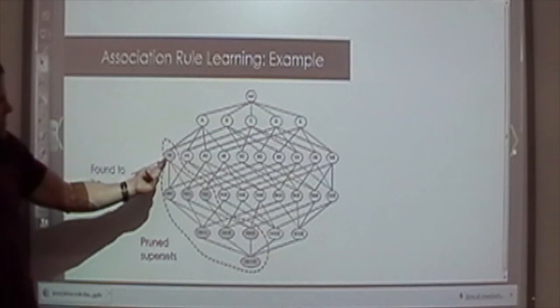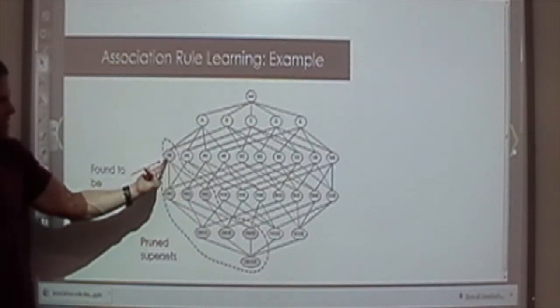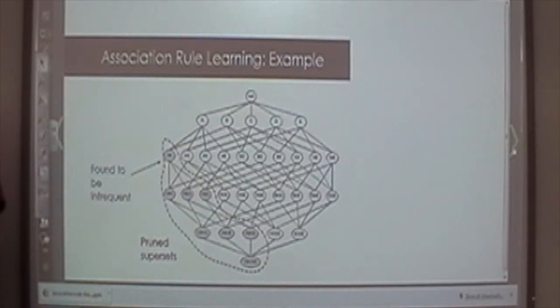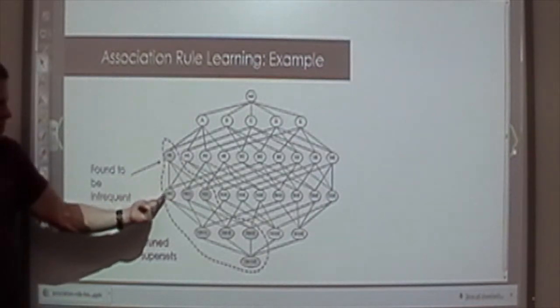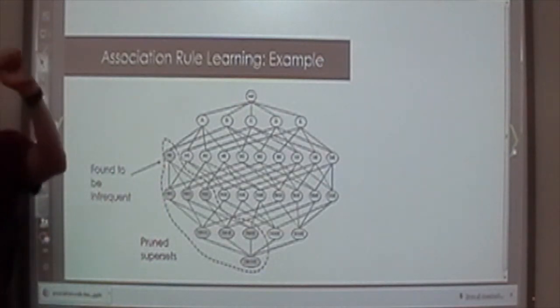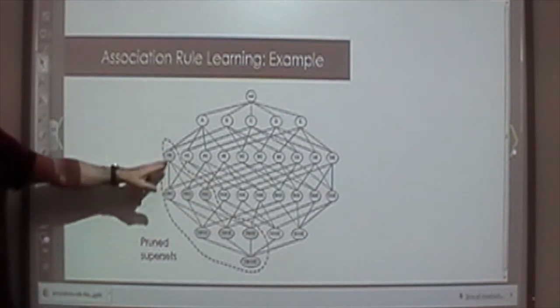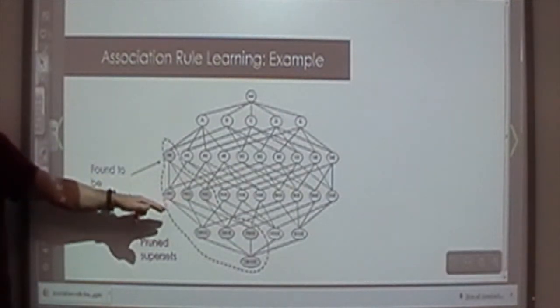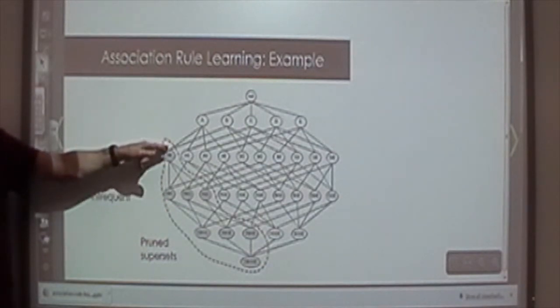So say this item set that contains only the items A and B. If that's not very frequent, then neither can be ABC or ABD. Because remember, AB is a subset of ABC. ABC cannot have more support than AB.